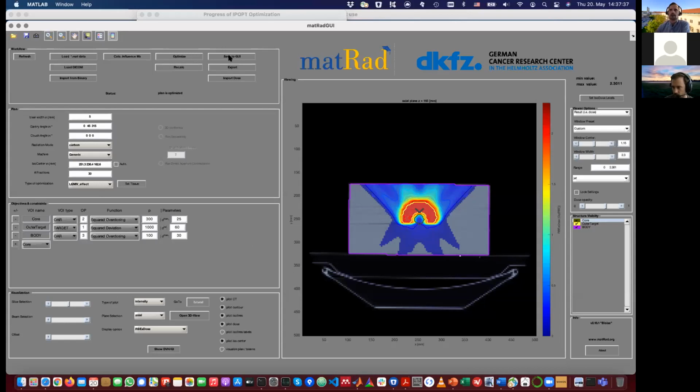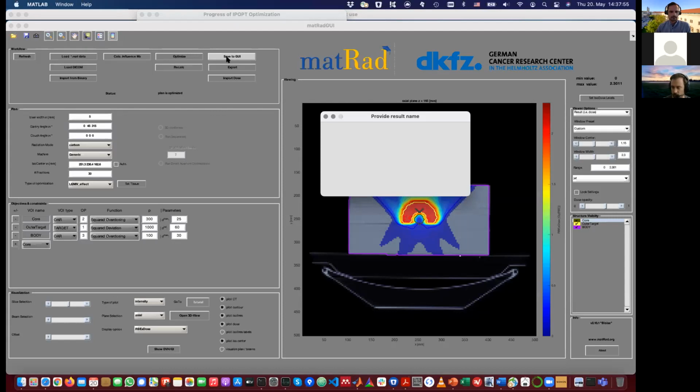I would say we directly save this result now, and then we perform some screenshots, and we'll have a deeper analysis of what we just did. So I will save this now to the graphical user interface and I will call it Carbon BioOpt.